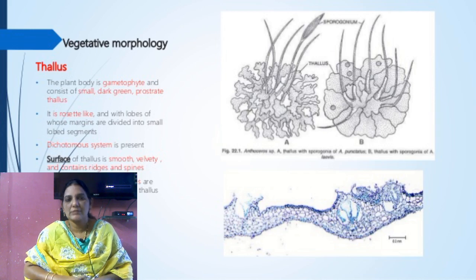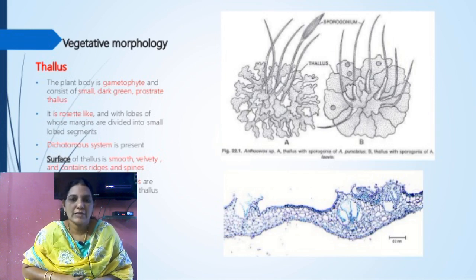The spots are called mucilage cavities. Nostoc colonies are present in the mucilage cavities.